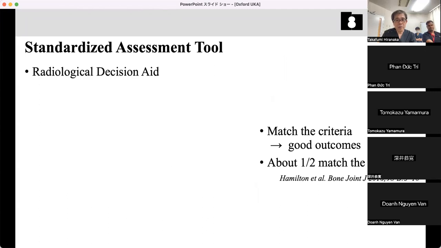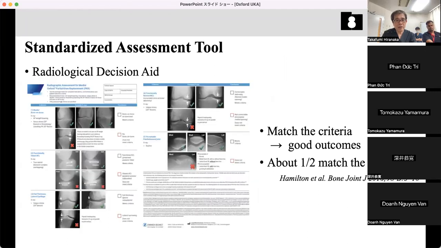Biomet provides a standardized assessment tool, the so-called radiological decision aid. We can get this tool via the internet. It includes 5 criteria, and if the patient matches the criteria, the patient can get good outcomes.